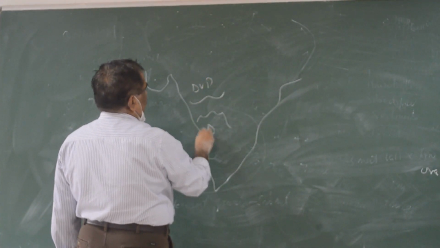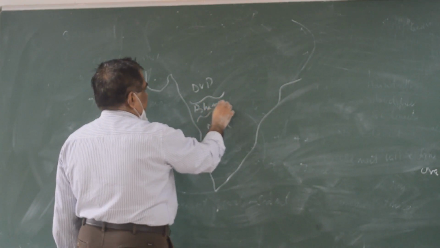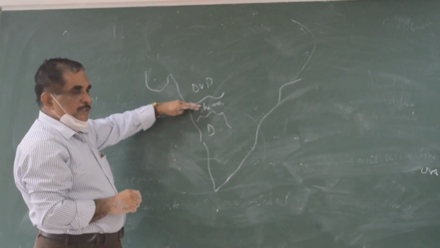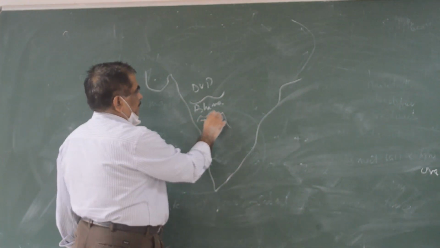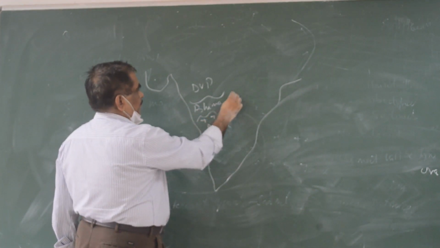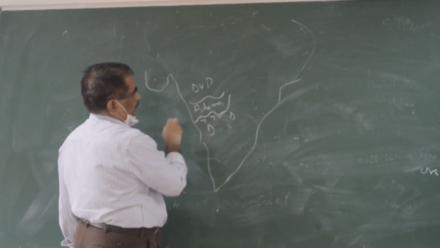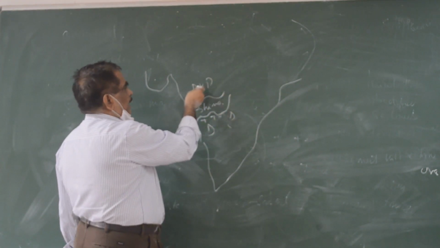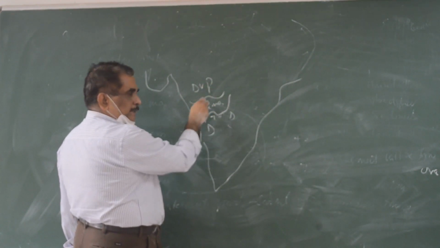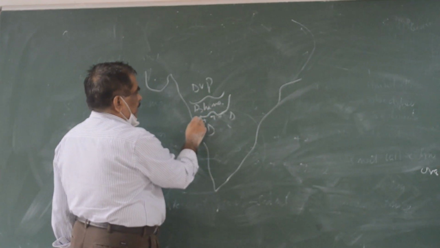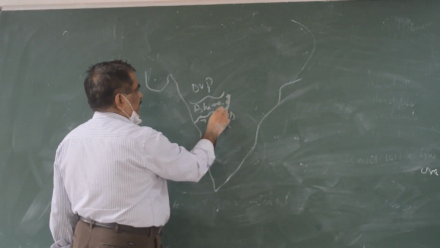This is Dharwad. These are the Bhima. So Bhima is overlying the Dharwad, the granites, like this. So this is the basin margin of Bhima and Dharwad. And the DVP, the Deccan Volcanic Province, is overlying Bhima. So Bhima is a protologic sequence.